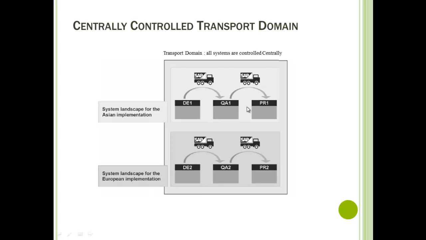Let's assume you have one productive server for Asia Pacific and one for Europe, so two different landscapes. However, all the systems are in one transport domain, so that the TMS can be centrally controlled. Okay, you have two development systems.